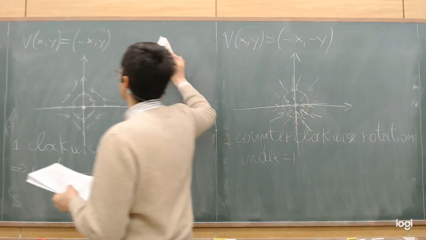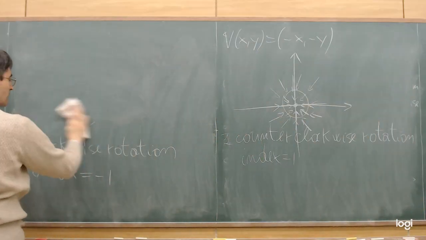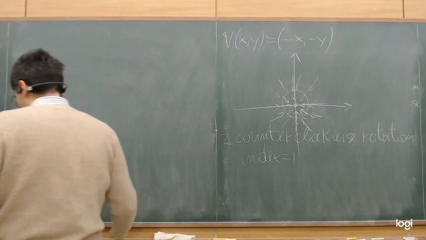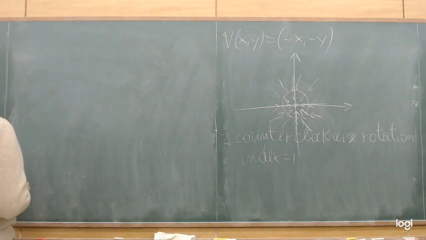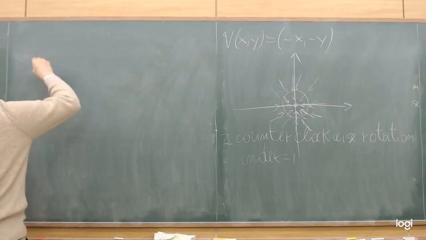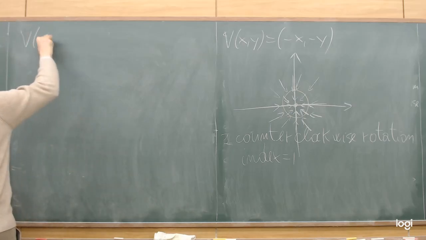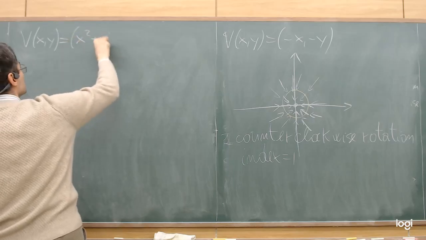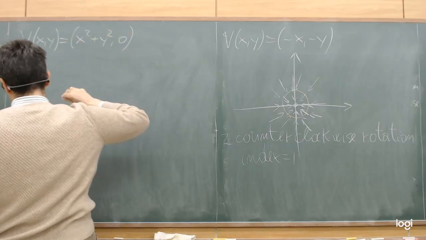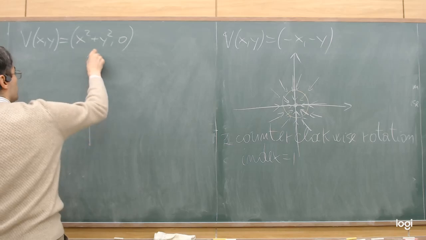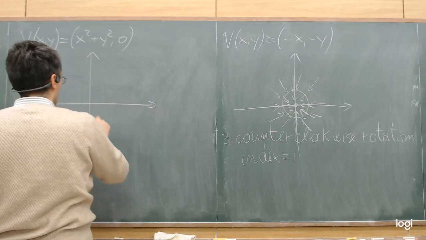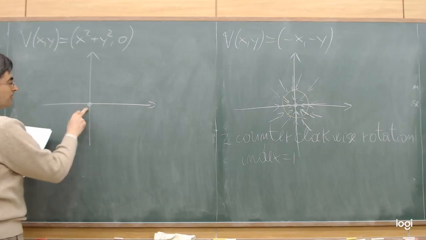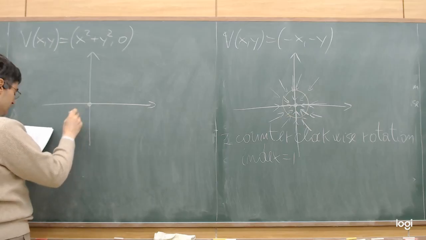Last example. In this case, we have V of x, y equal to x squared plus y squared, 0. We have once again one singular point at the origin.